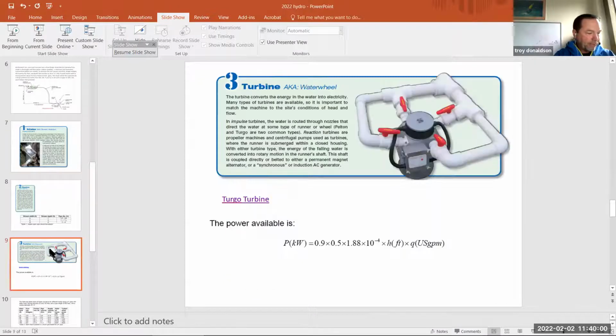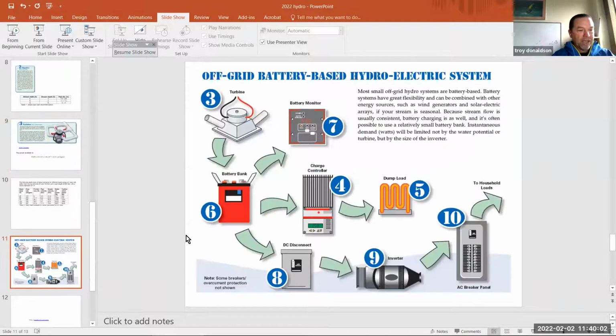So, all right, let's just look at it again in general. Kind of the off-grid system. We can go through these starting with your reservoir somewhere, and then you're going to supply water to a turbine here at number 3, right?